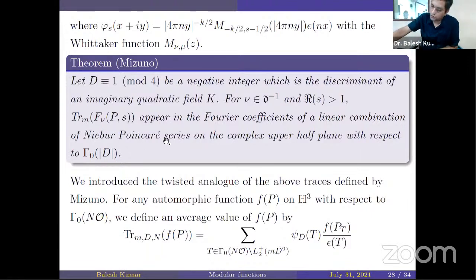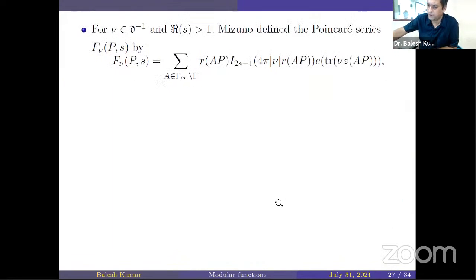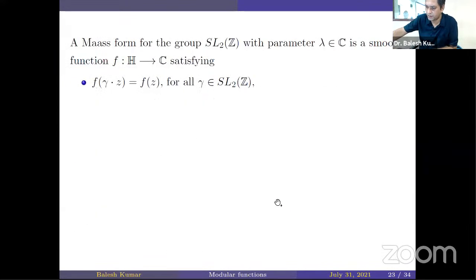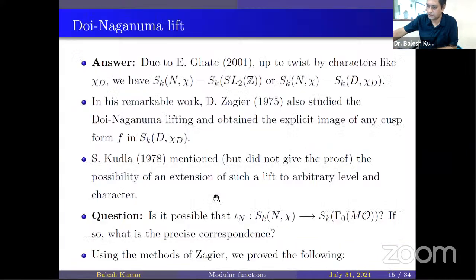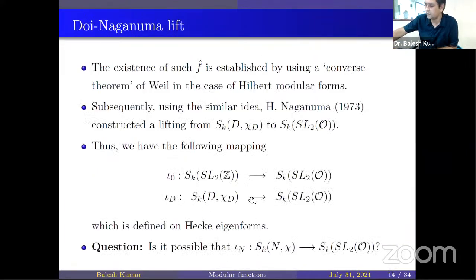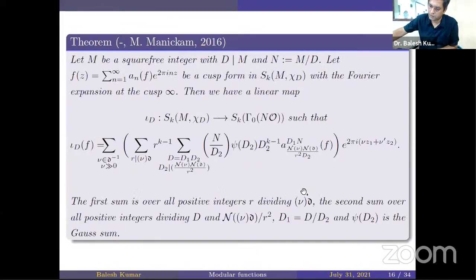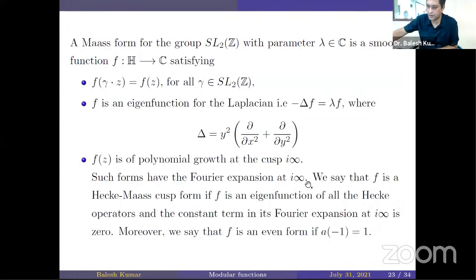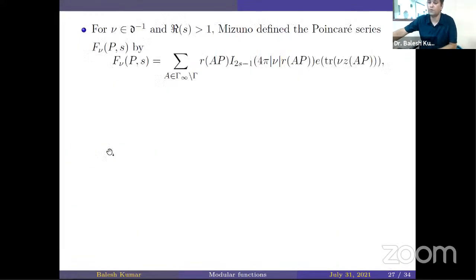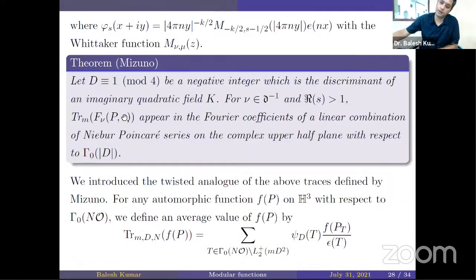And so then one is interested. If one remembers this Doi-Naganuma lifting, let me just recall that here level d with character chi d goes to level 1 on the Hilbert modular form side, and Mizuno's result reflects this theme: the level d Niebuhr-Poincare series is related with the level 1 Niebuhr-Poincare series inside the three-dimensional hyperbolic space.